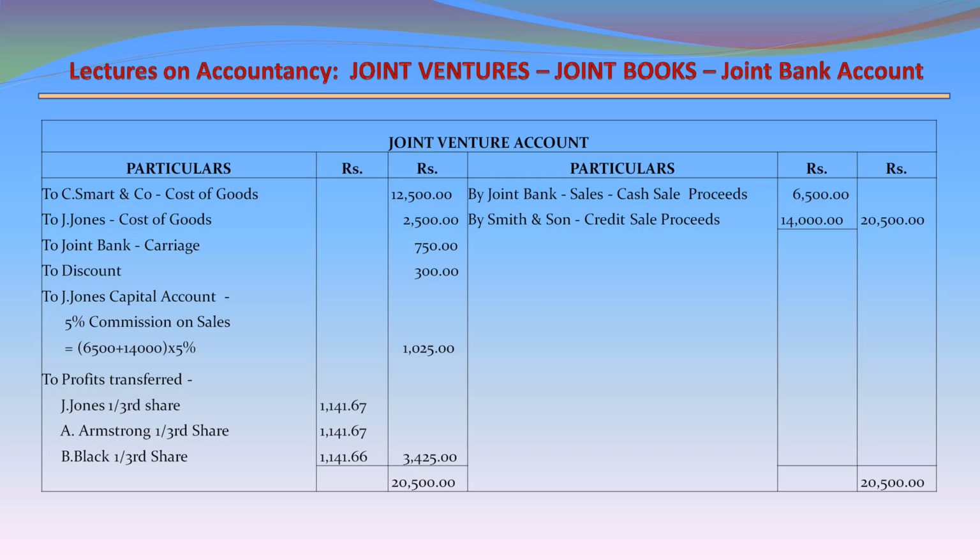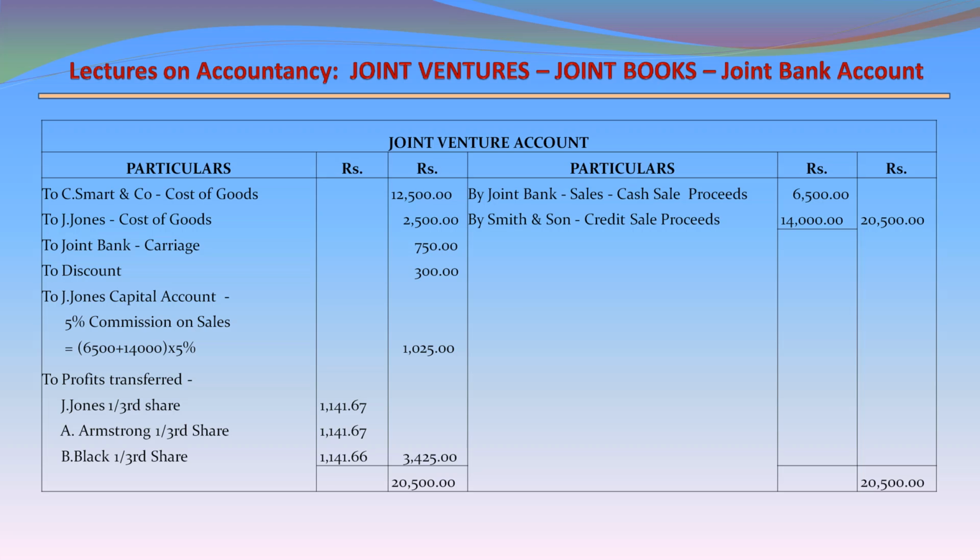On the credit side: by joint bank account cash sales proceeds 6,500, by Smith and Son credit sale proceeds 14,000, total 20,500. The resultant profit on the joint venture is 3,425.